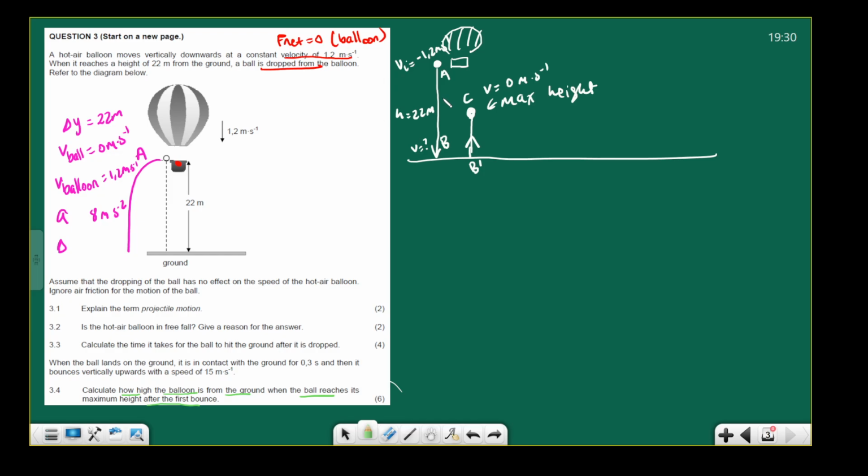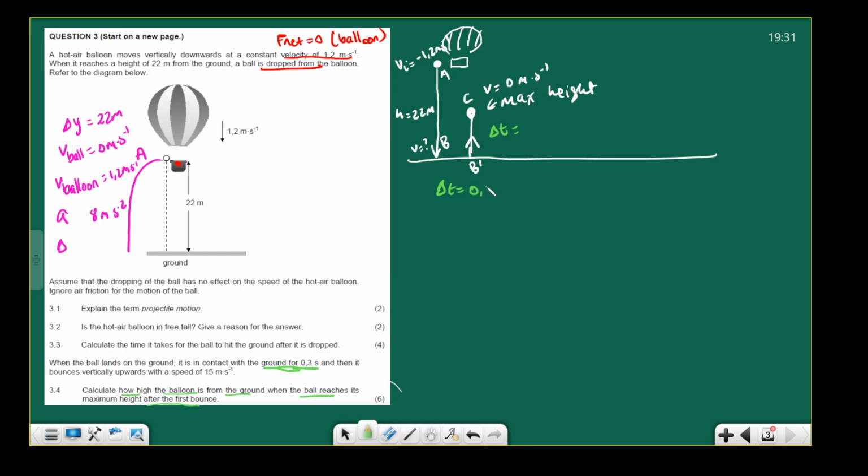We need to know the total time taken for this ball to reach its maximum height, meaning how long it takes the ball to reach the maximum height. If we can get that, we're going to add that time to the 0.3 seconds it was in contact with the ground.